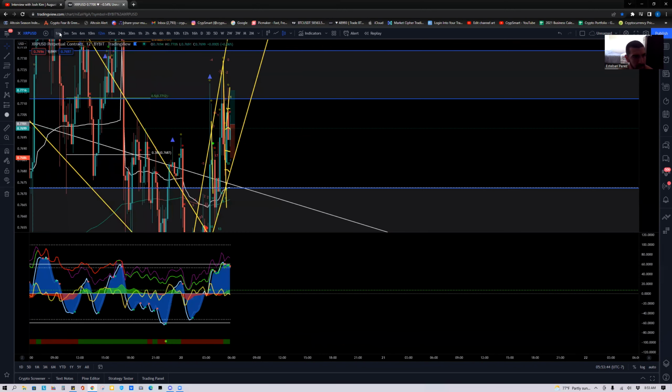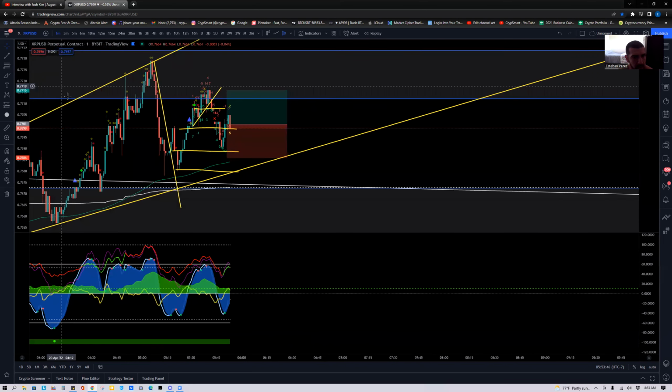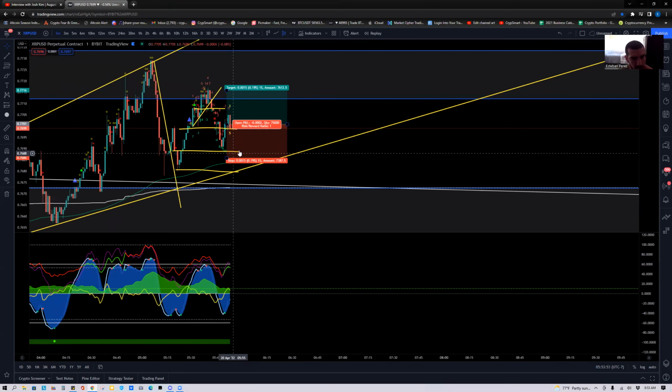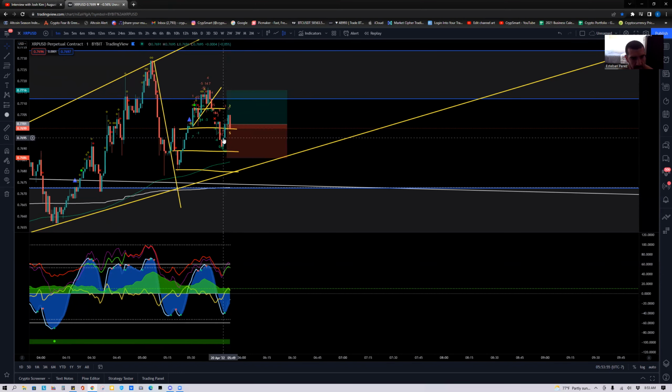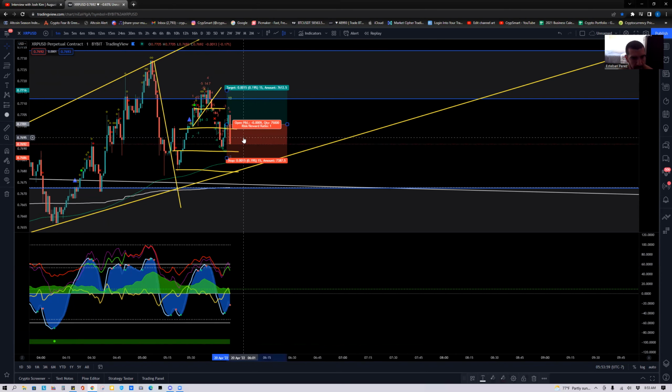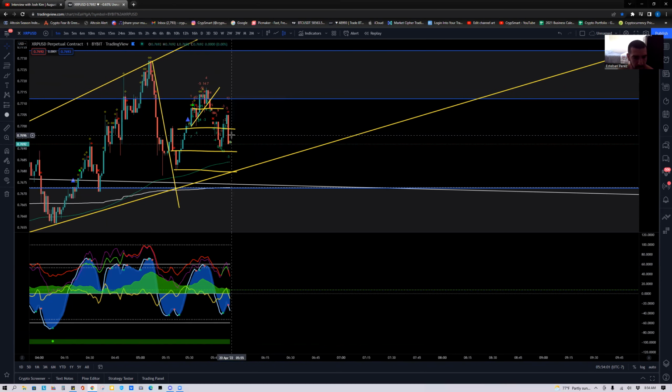Definitely got downward momentum. See how it reacts here. If it just breaks it, then we're more likely testing this one right here, or at least this one right here. Oh, yeah, that one's out. But who knows? It might just go whoop right here, go up. But no, this is most likely going down.